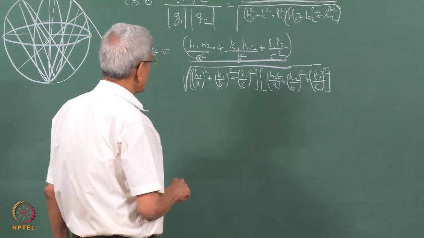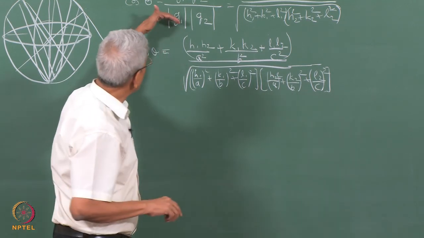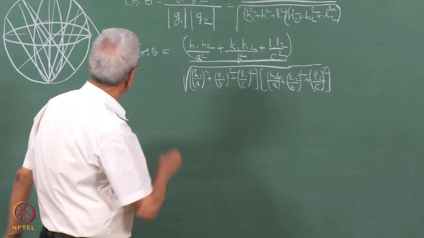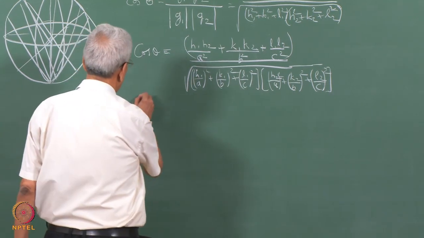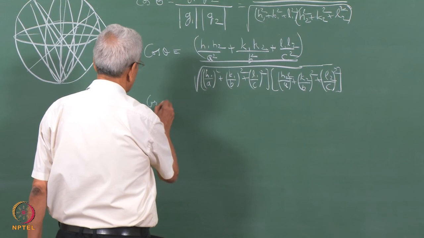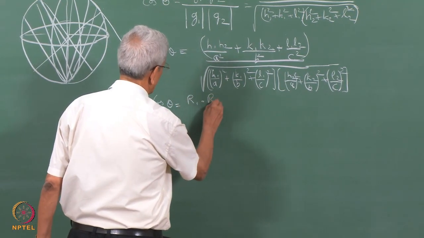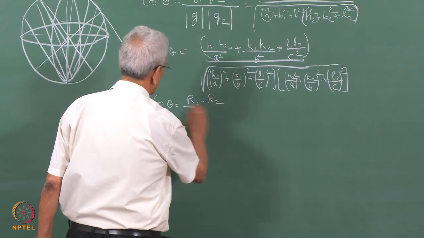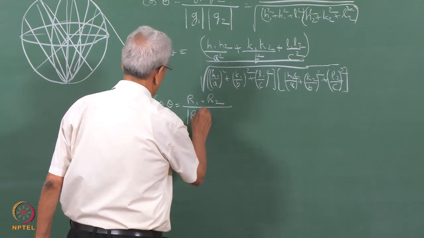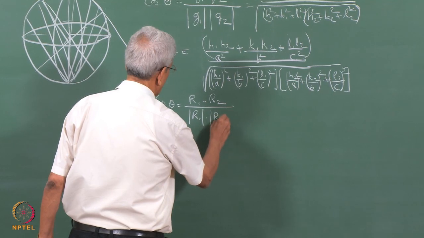In this, the general formula is still valid. But if you want to find the angle between directions, then cos theta will turn out to be R1 dot R2, where R1 and R2 are direction vectors, divided by the modulus of R1 times the modulus of R2.